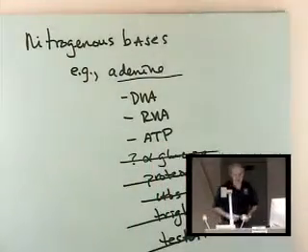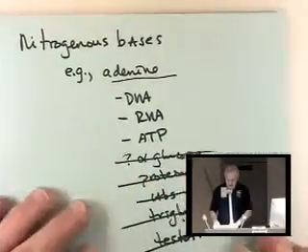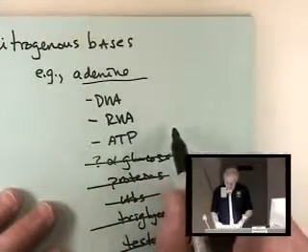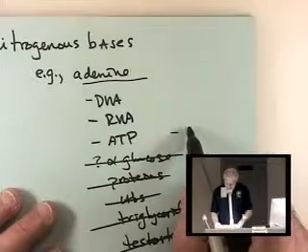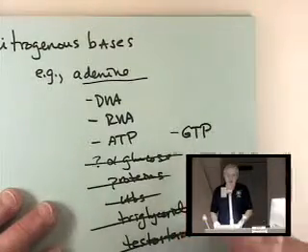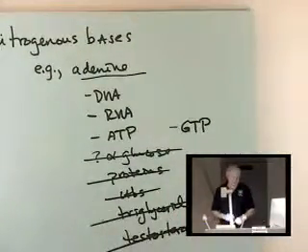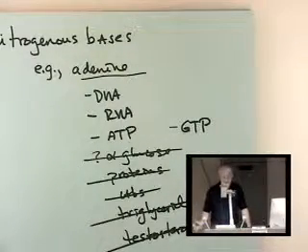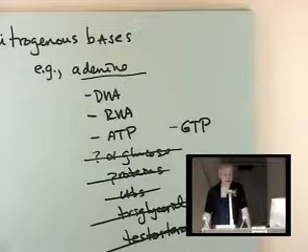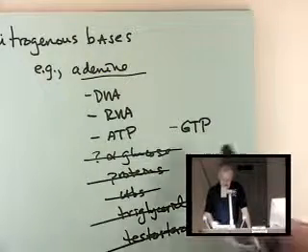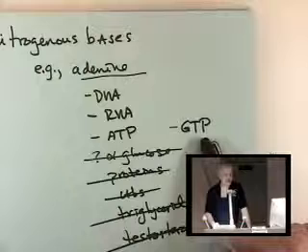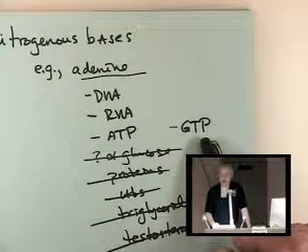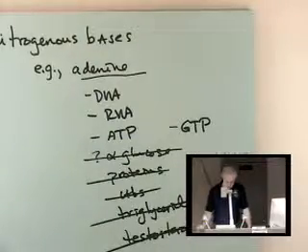Another one that we hear about, it doesn't have adenine in it, it has the guanine in it, GTP. GTP is actually consumed in protein synthesis, and it's just another form of high phosphate bond for the chemical energy. So this reminds us that energy is consumed for the synthesis of proteins. It's one of the major cellular actions where we consume energy.